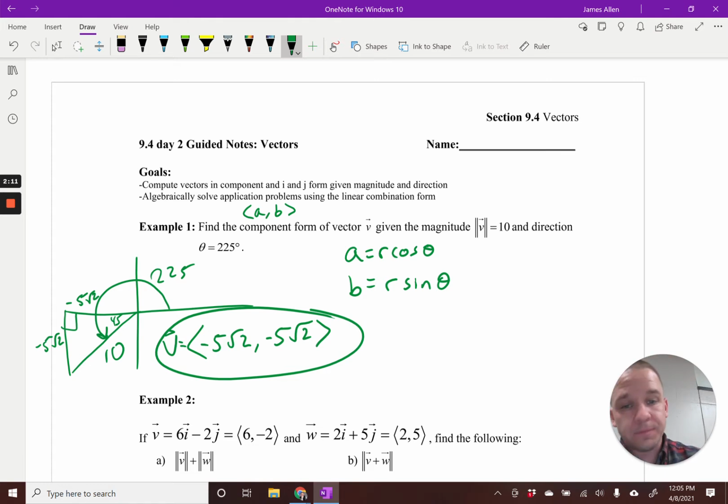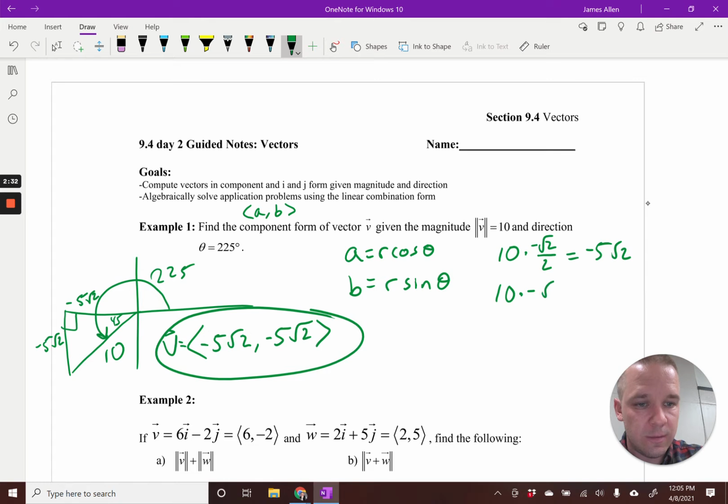So let's go for this. Well, I would have a is r cosine theta, so that would be 10 times cosine of 225, which would be negative root 2 over 2. So that gives me my negative 5 root 2. And then our b would be the same thing.